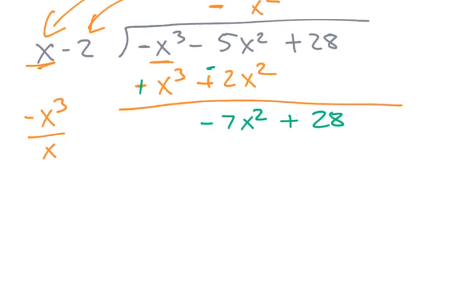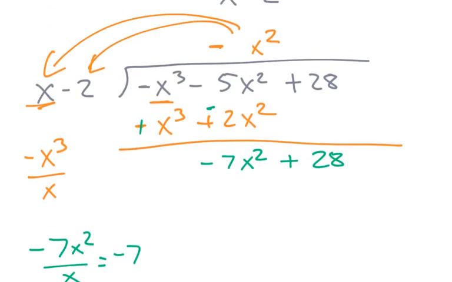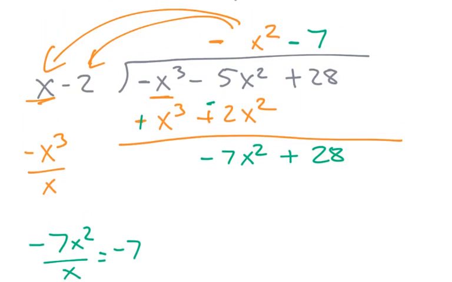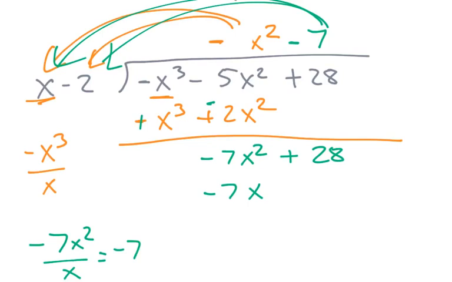So we're going to ask ourselves, how many times does x go into negative x squared? And this goes in negative 7 times, so we'll go negative 7. And this will give me, we'll distribute once more. And this will give me negative 7x plus 14.